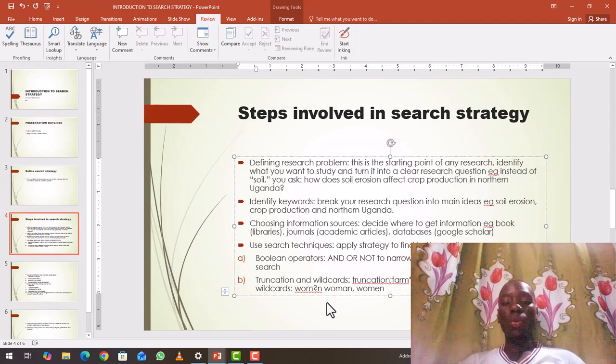And for wildcards, you can write wom, then you put a question mark, then en. The possible findings will be woman and women. So that is about it.